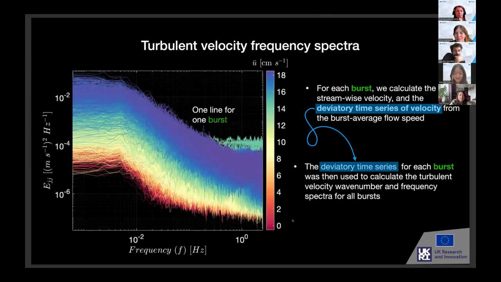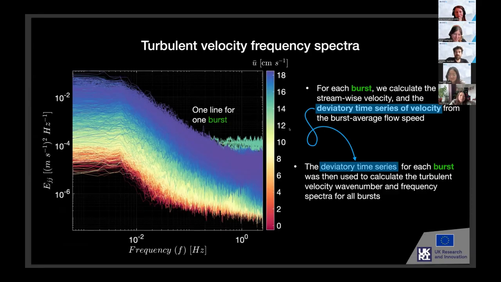And this is the turbulence velocity frequency spectrum that we get from our burst data. It's a very complicated figure, and I apologize to anyone who hasn't done much work in turbulence data. I promise that I share the confusion that you have now when I just started. So for each burst, we calculated the streamwise velocity.